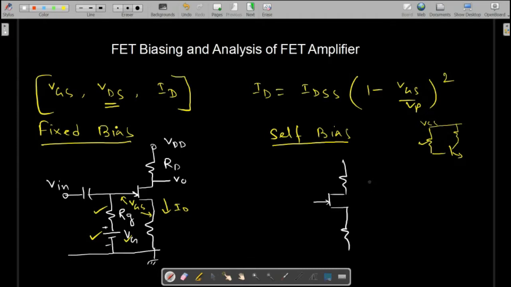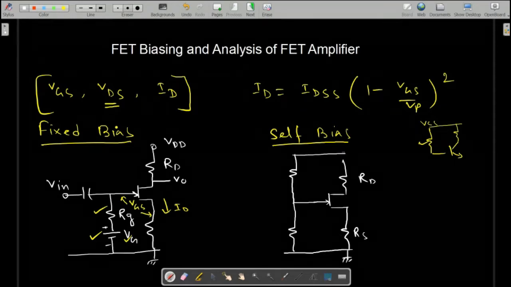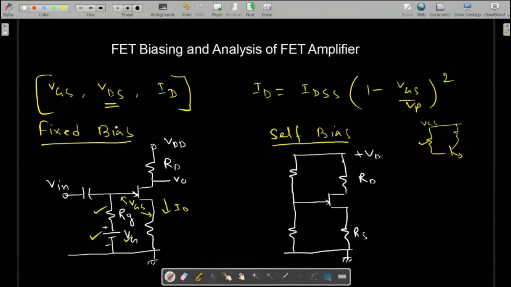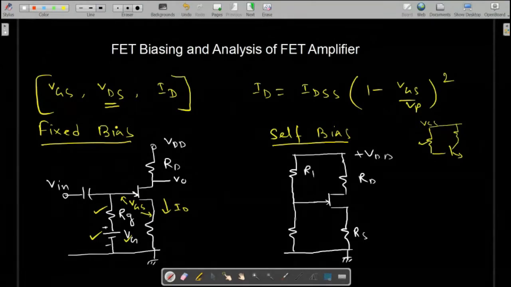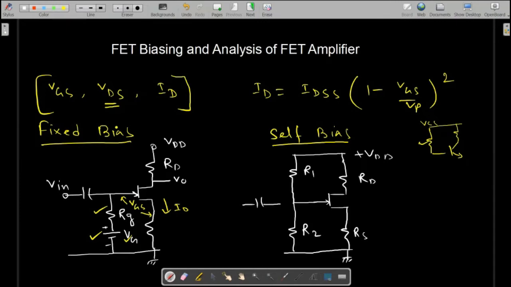Here we have one resistance RD, and here we have RS. And on this side, a two resistance voltage divider network will be formed, R1 and R2. This is grounded, and this one is plus VDD. So this is R1, this one is R2, and we are applying signal here for amplification.